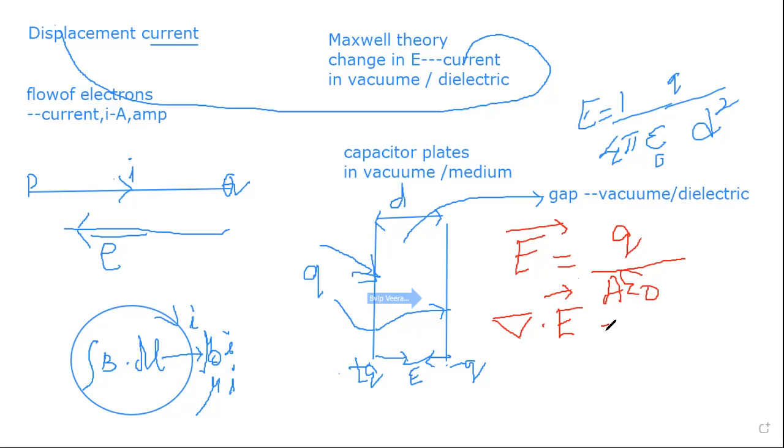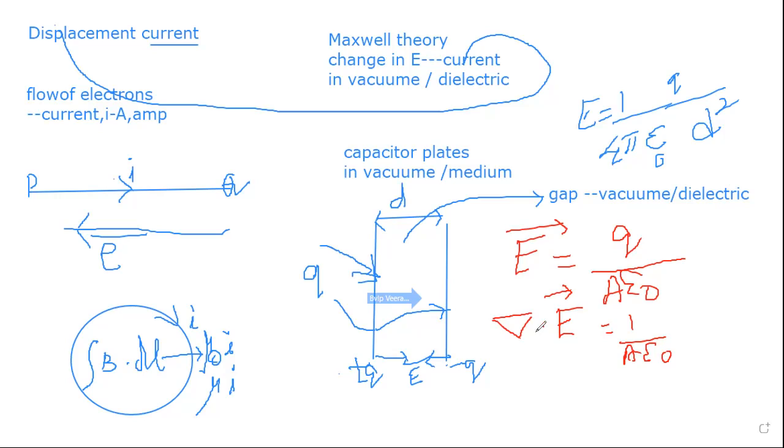So this equals del dot E, the divergence of the electric field, the change in the electric field. A, the area of the plate, and epsilon naught are constants, so both are constants here. And this is Q, differentiated with respect to t.